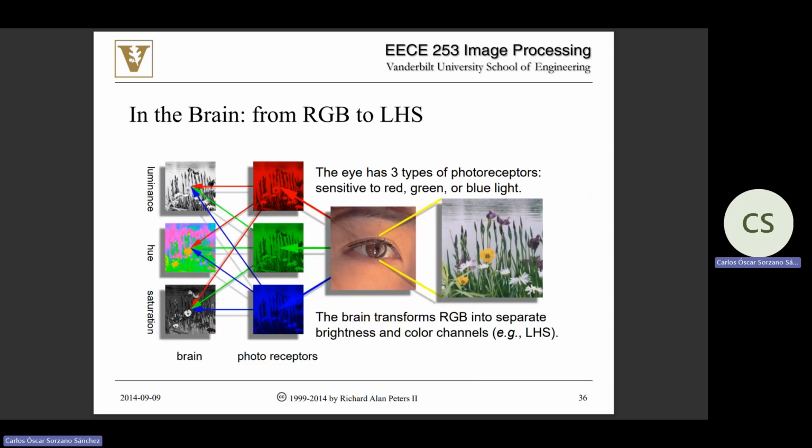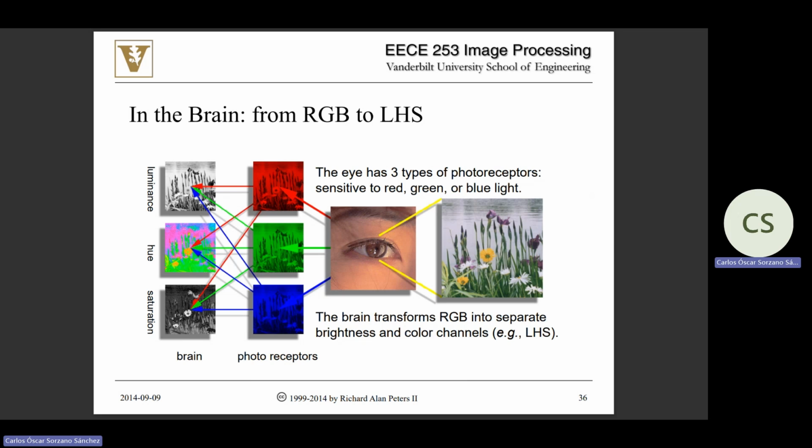Maybe. So our eye sees in 3 channels because we have 3 kinds of receptors, the red, green, and blue receptors, and we will talk later about the responses of those. But the brain doesn't see in red, green, and blue. It makes a transformation.